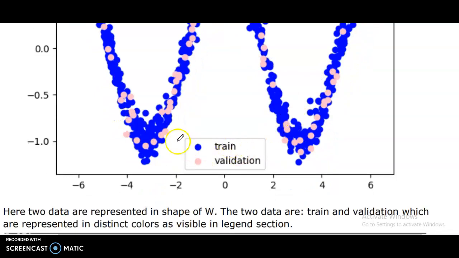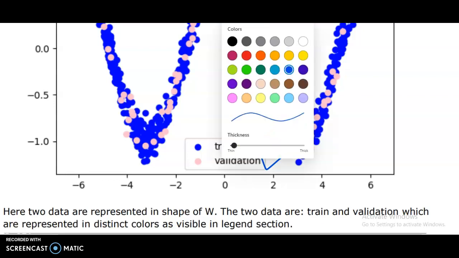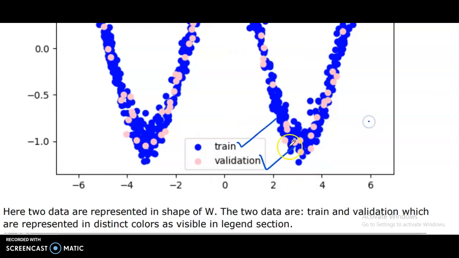Here this blue color is train, and this color is validation.